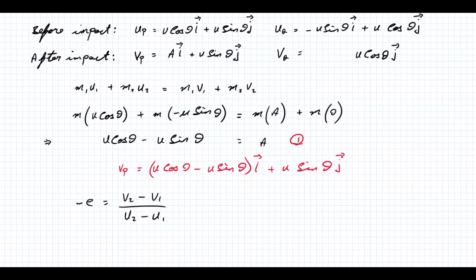Now in our case, minus e is going to be equal to 0 minus a, the velocity afterwards, divided by the velocity before, so this minus this here: minus u sine theta minus u cosine theta.